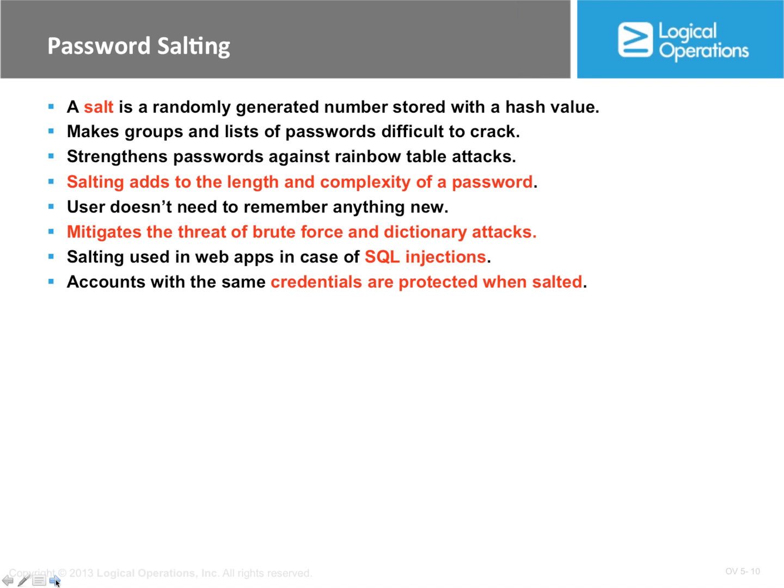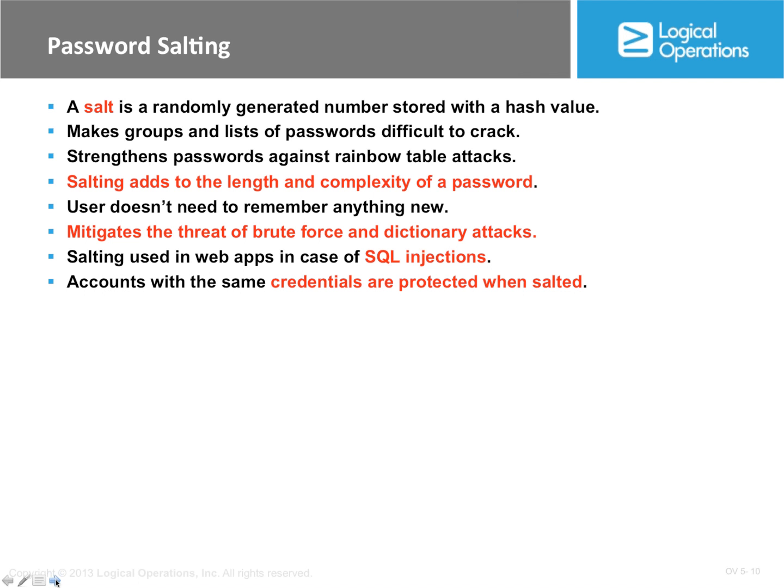So, salting passwords and salting the password space within the hash value would be considered a countermeasure to rainbow table attacks. If you're not familiar with what a rainbow table is, essentially it's just a large dictionary of hashed values based on words that you would then run against a password file, hoping to crack the password file.